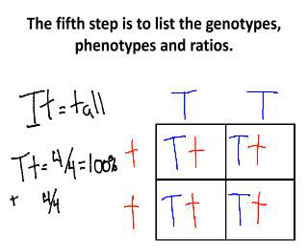So the tall phenotype will also equal 100%. This should match Mendel's famous experiment, where the F1 generation, after crossing a purebred tall and a purebred short, had every single individual as tall. So this is a quick example of how to complete a Punnett square.